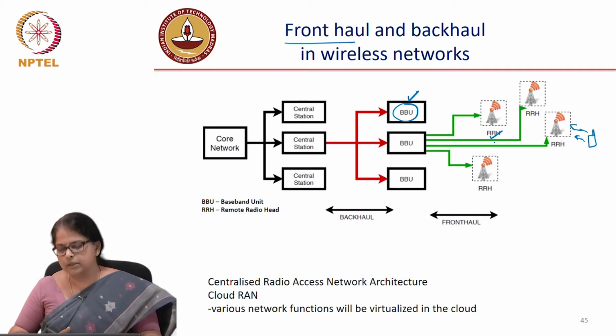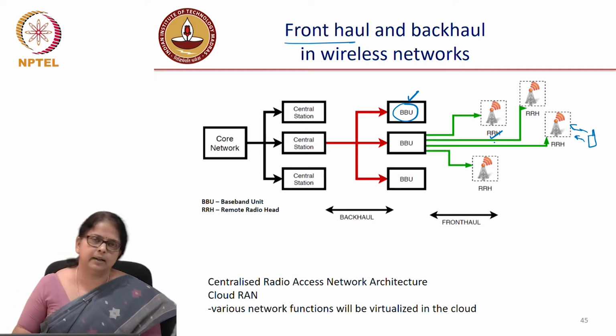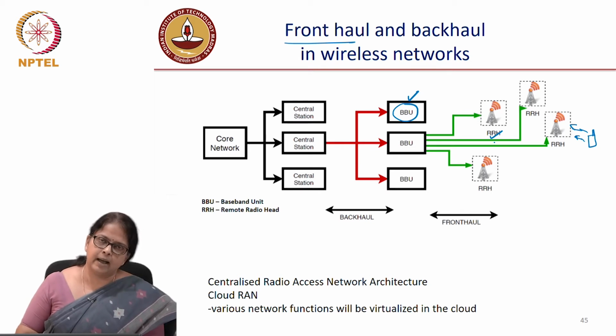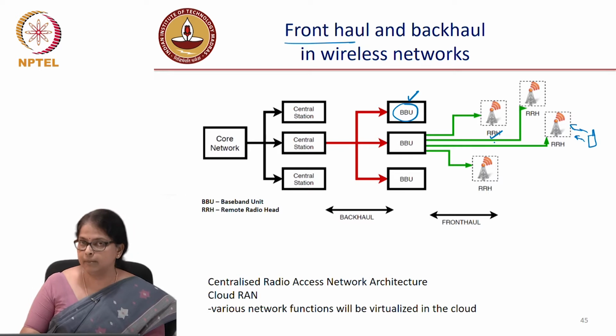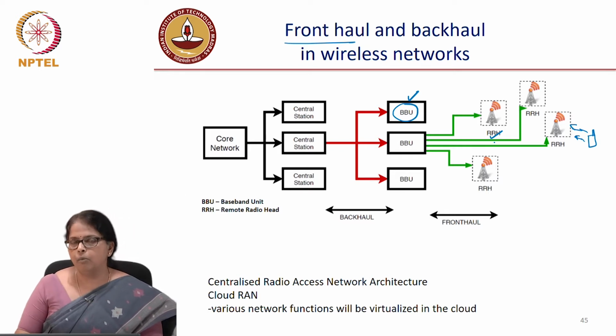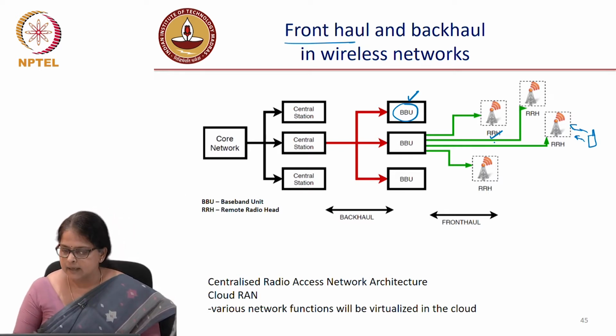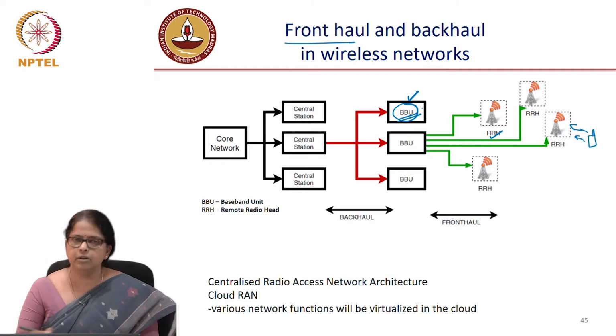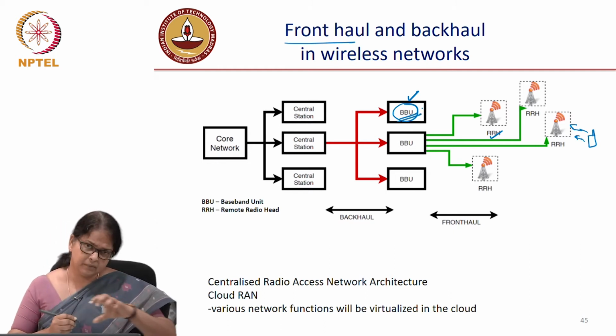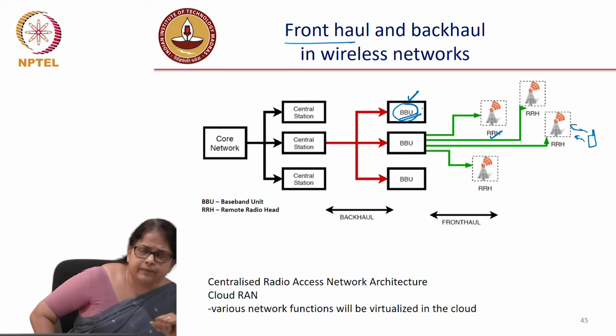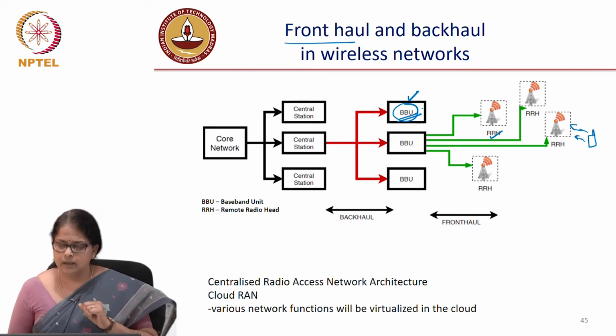But now, as data rates are increasing and the kind of processing that we are doing is changing and becoming faster, the physical location of the baseband unit has moved away from the remote radio head.